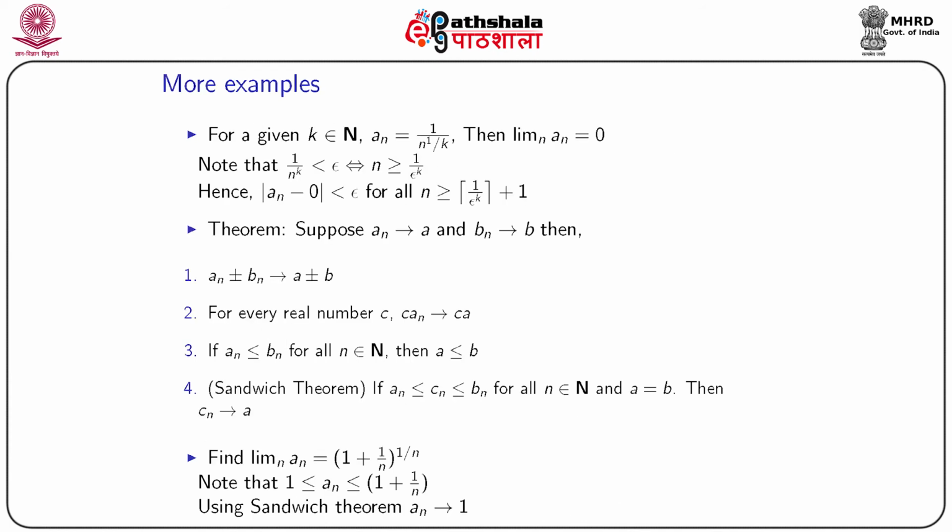Now we will be considering more examples. Suppose a_n is 1 over n to the power 1 over k, where k belongs to the set of integers. Then also the limit of a_n is equal to 0. If I put this restriction, 1 over n^(1/k) is less than epsilon, that means n is greater than (1 over epsilon) to the power k.